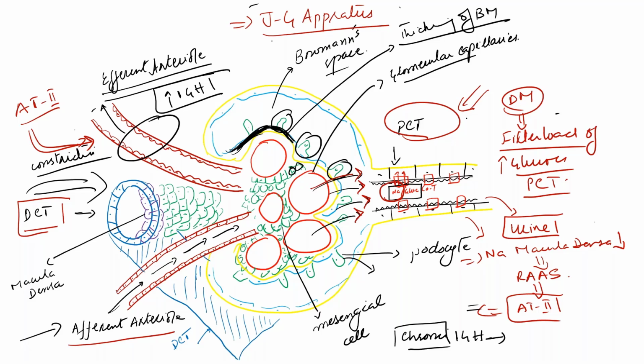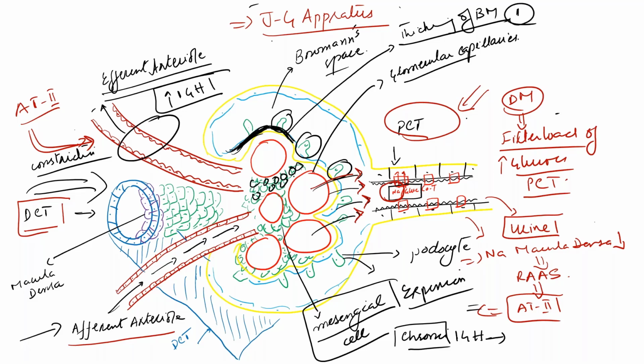These mesangial cells will be expanded. There will be expansion of mesangial cells. So the first change is thickening of the glomerular basement membrane. Second, expansion of mesangial cells. And third, these foot processes.